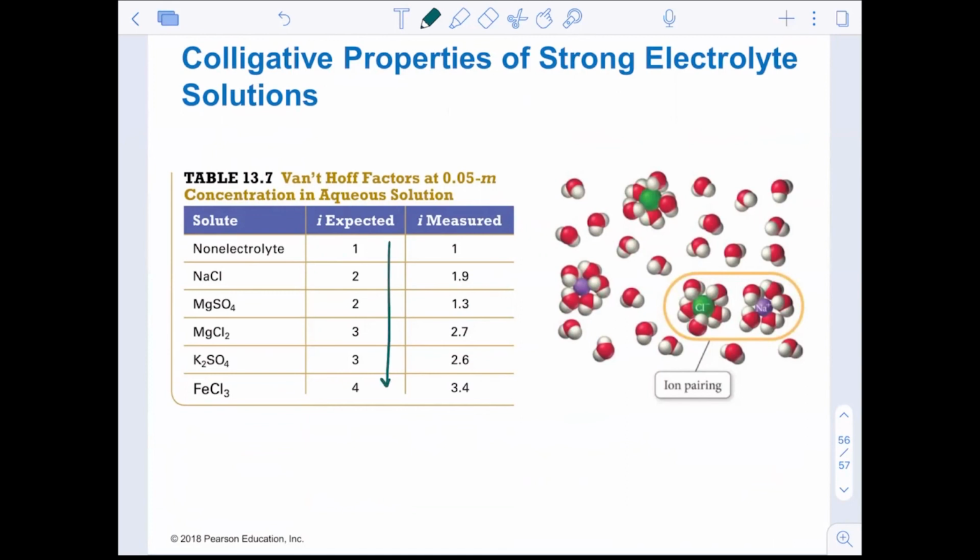They are kind of different than what is measured in real life, because in real life, not all of the components of those ionic compounds will dissociate. But notice how a non-electrolyte, these are molecules, has a Van 't Hoff factor of 1, and all of the other ionic compounds will have Van 't Hoff factors counting up the number of ions they produce.